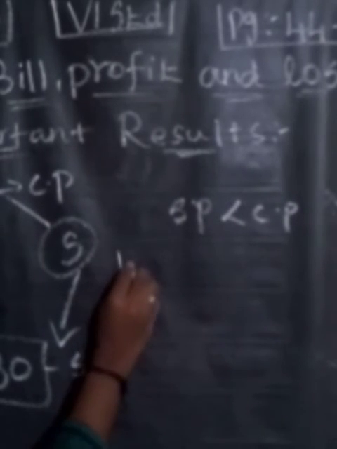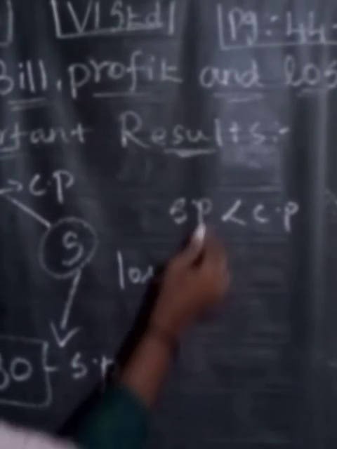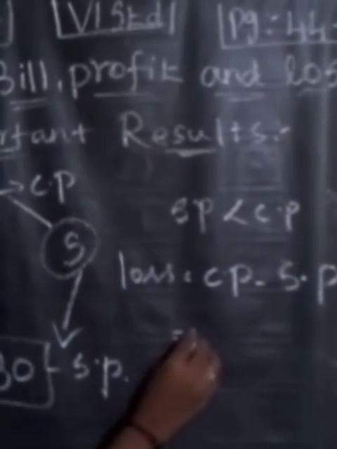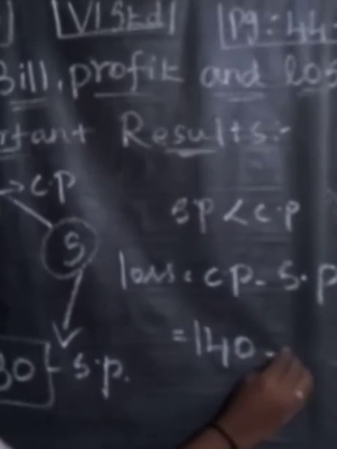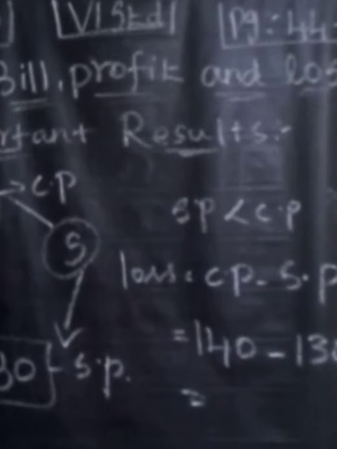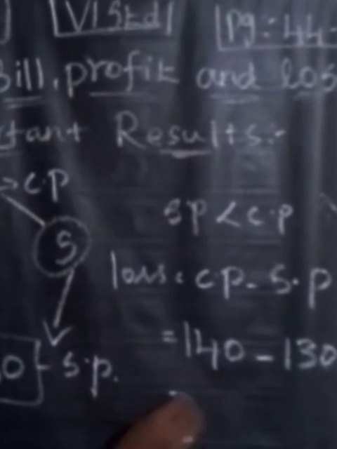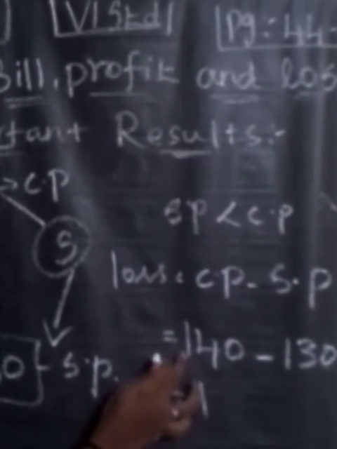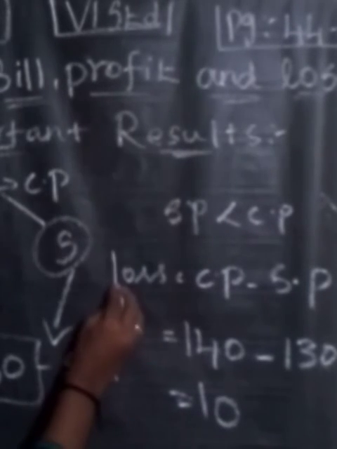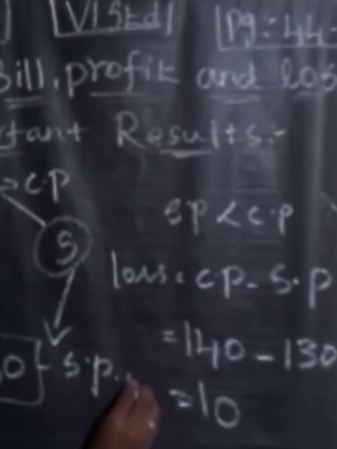So the loss formula is cost price minus selling price. 140 minus 130 we get 10 rupees. So the loss amount is 10 rupees.